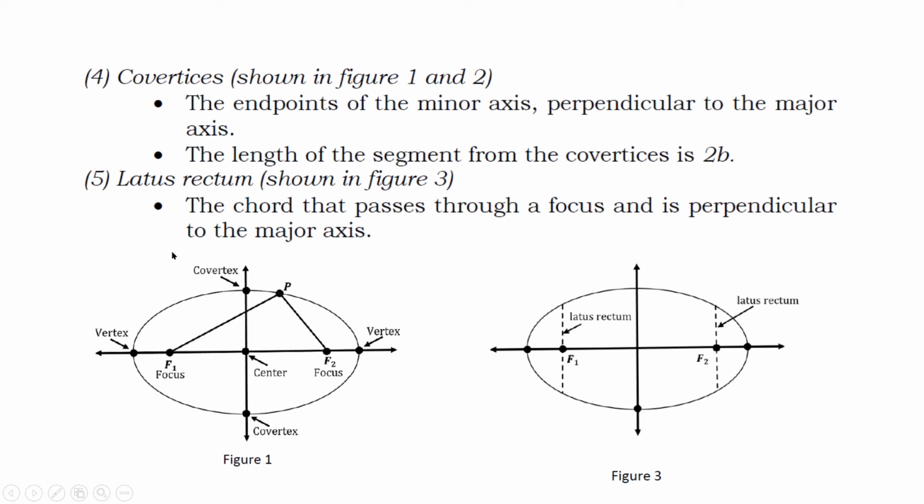Latus rectum: the chord that passes through a focus and is perpendicular to the major axis. For example, in this figure number 3, the latus rectum is perpendicular to the major axis and passes through the focus.